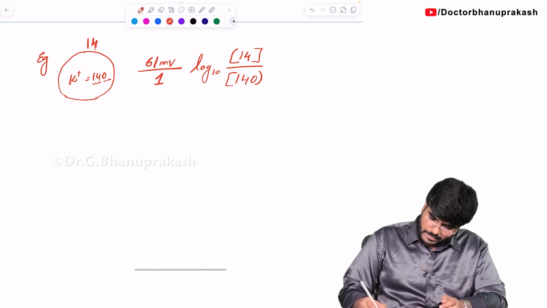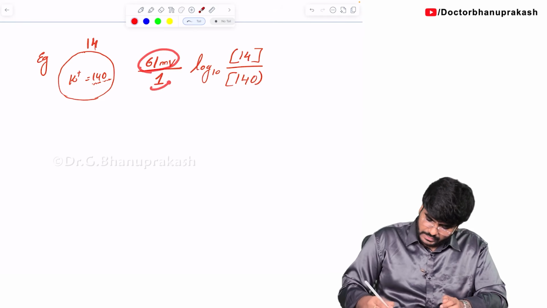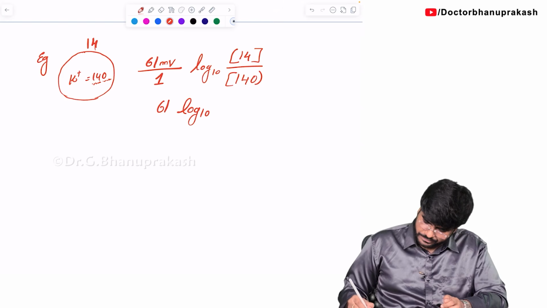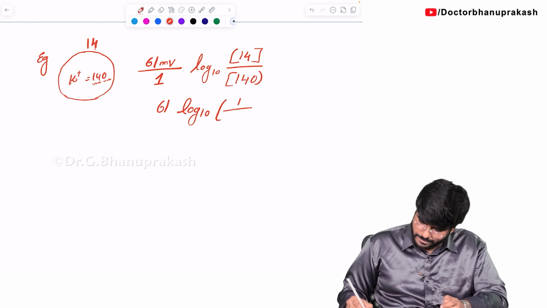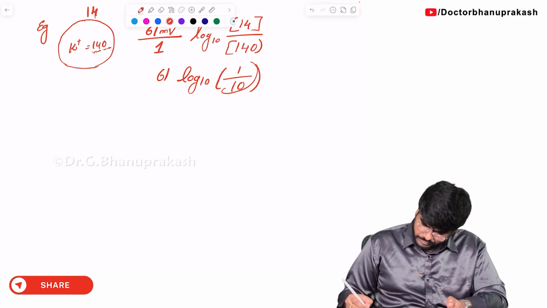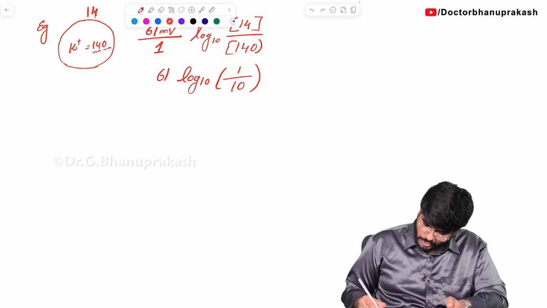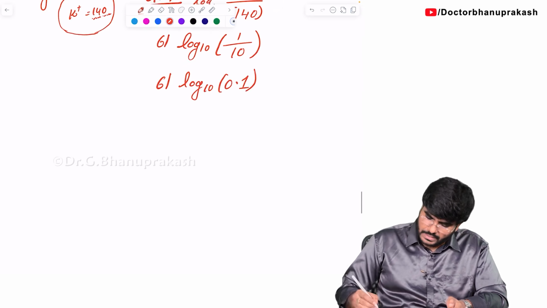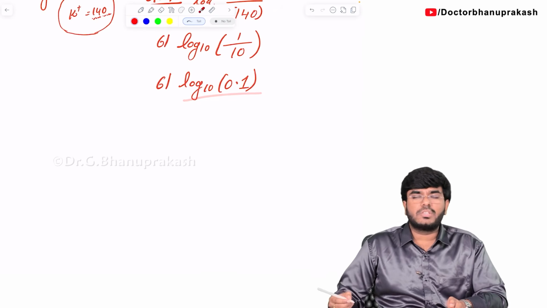How much will it become? 61 over 1, the value will be 61 only. 61 log base 10 of 1 by 10. Now, 1 by 10 means how much? It's 0.1. What is the log base 10 of 0.1 value?